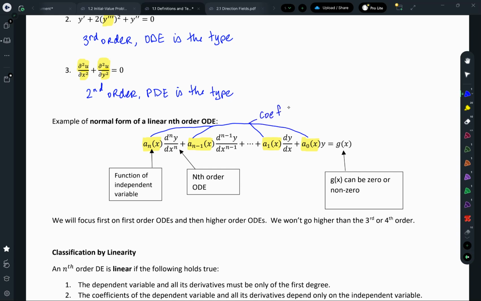So we'll name them that. These are the coefficients of the dependent variable and its derivatives. And if you notice, when we use that notation, a sub n of x, these are all functions of x, the independent variable.